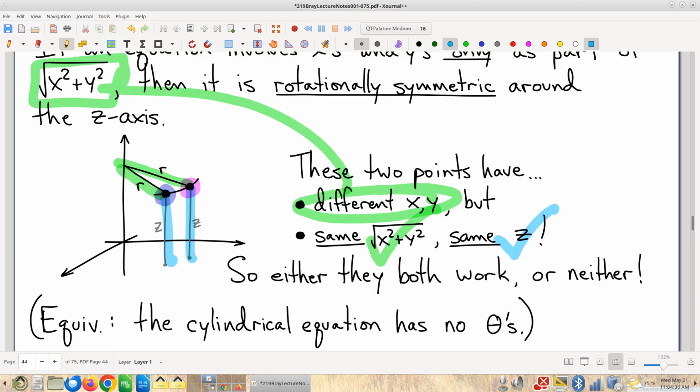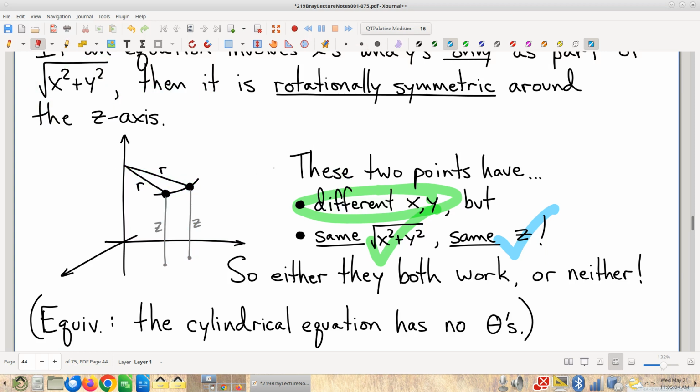So we're effectively doing the same arithmetic for both points. And so either they both work or neither works. Right? And so with that in mind, what that means is when you have any point on your surface, everything that you rotate that point to produce is also on the surface. And that's why we get the rotational symmetry. One point of view, anyway, on why we get the rotational symmetry.